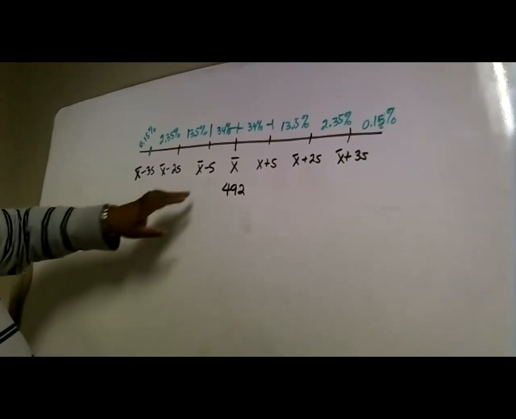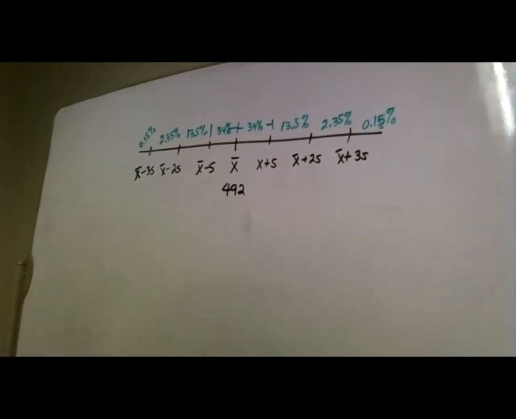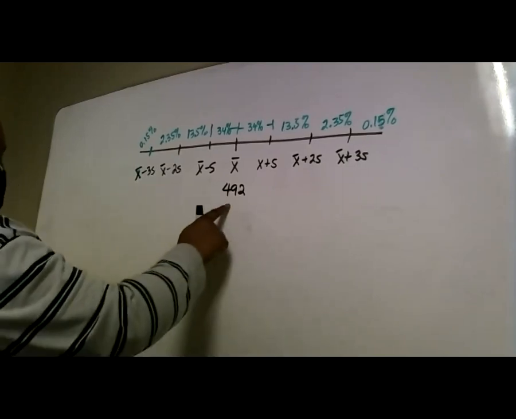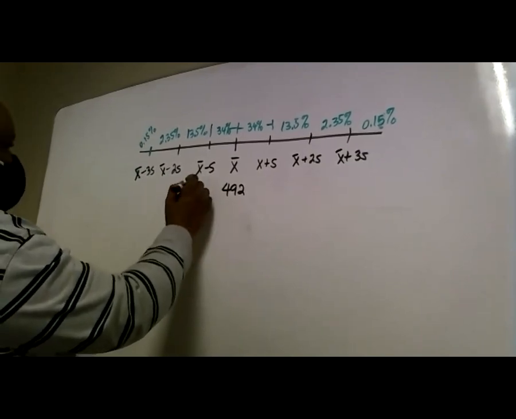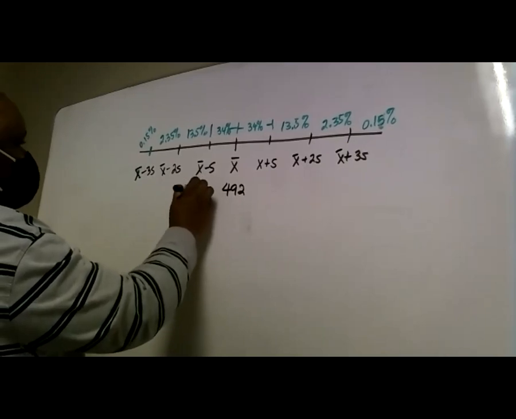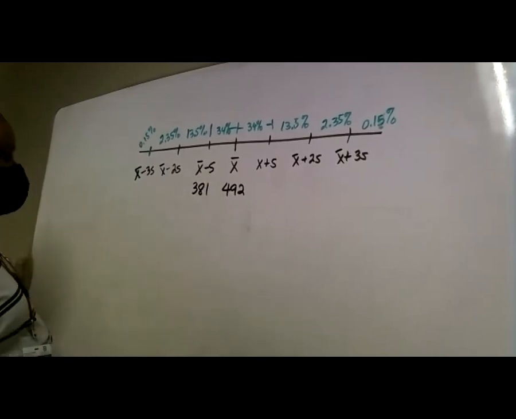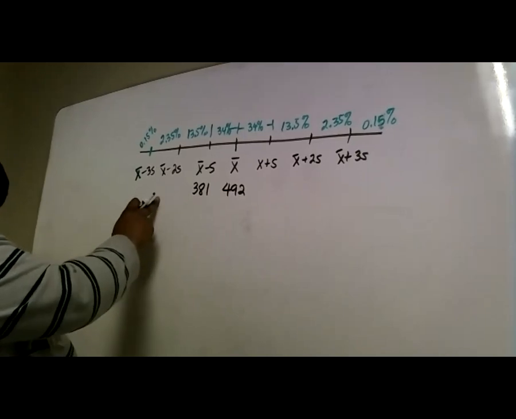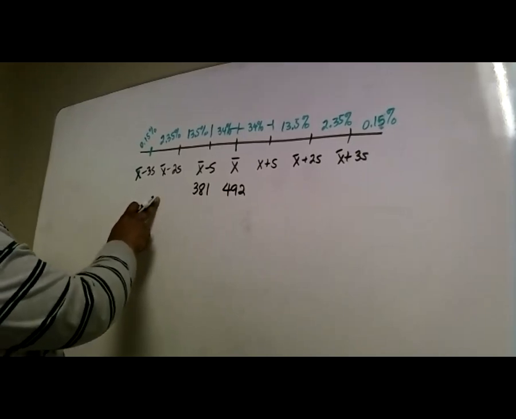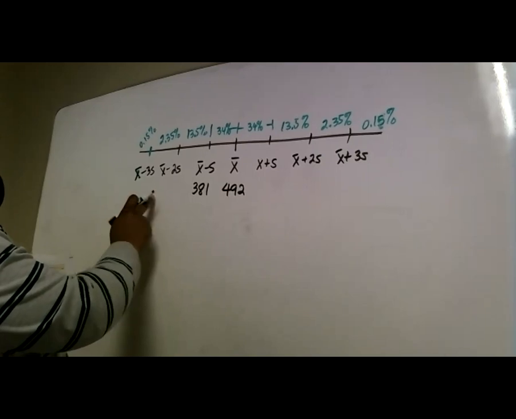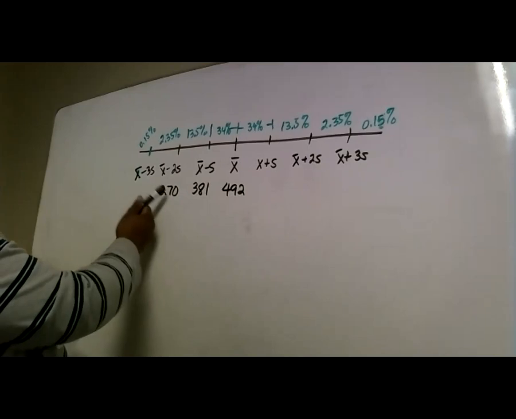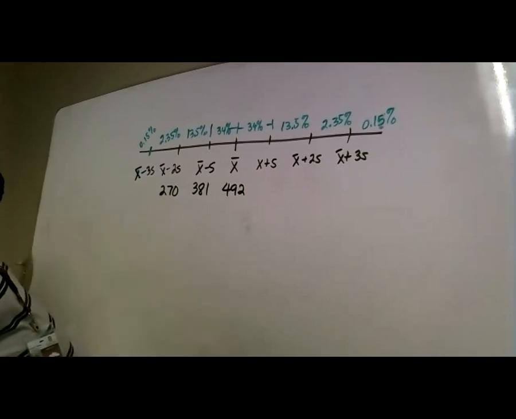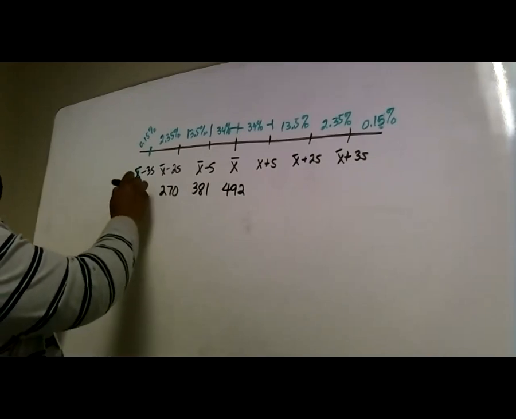If this is 492, then one standard deviation to the left of that, I have to subtract 111 from 492, and I come up with 381. And to the left of that, I'll subtract another 111, and that would be 270. And then another standard deviation to the left, I'll subtract 111 from 270, that will be 159.